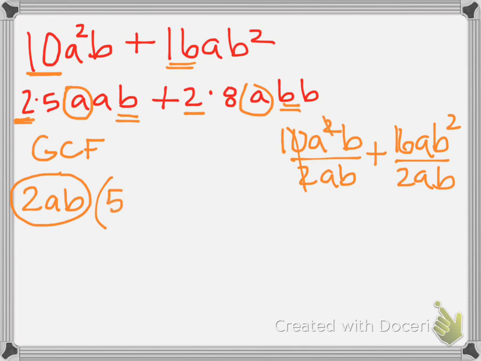I took out one of the A's, so I'm left with an A on top. The B's cancel. Plus 16 divided by 2 is 8. The A's cancel. One of the B's goes away. I'm left with one B. This is your answer right here.